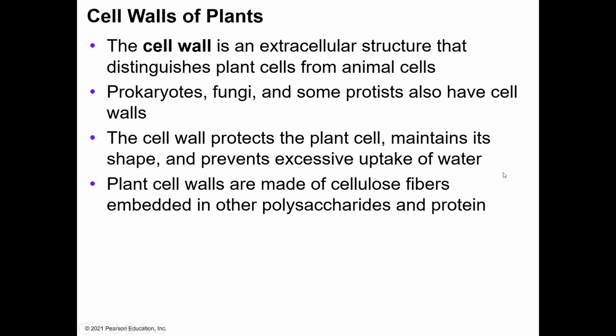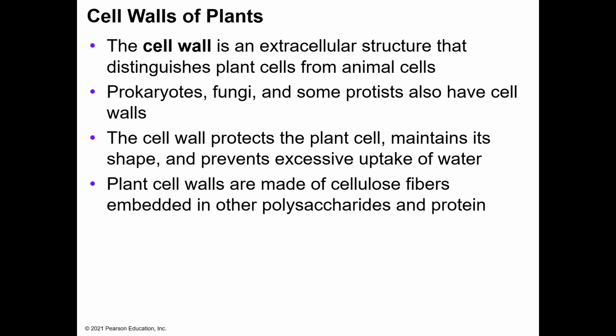So let's talk about a component of plants that is different from animal cells, which are cell walls. The cell wall is an extracellular structure, and it helps distinguish plant cells and animal cells from each other.